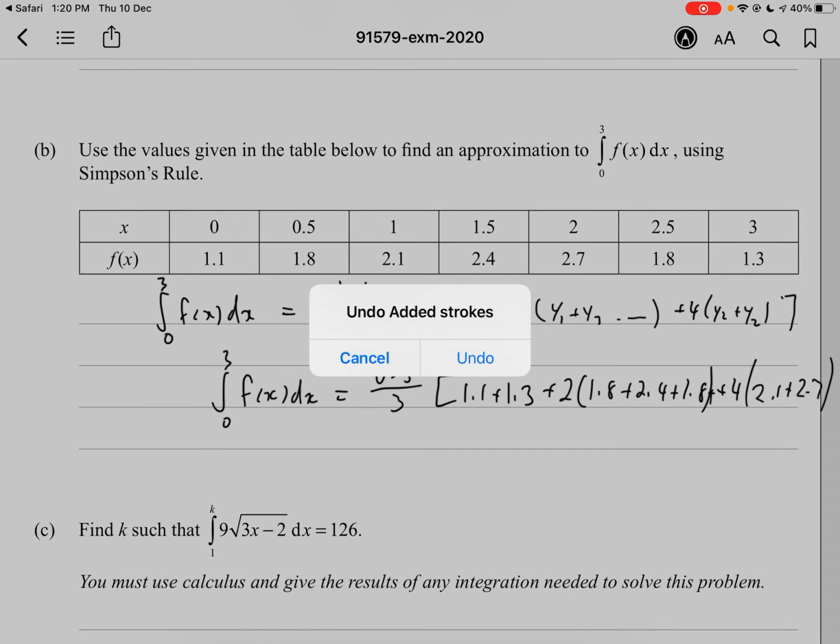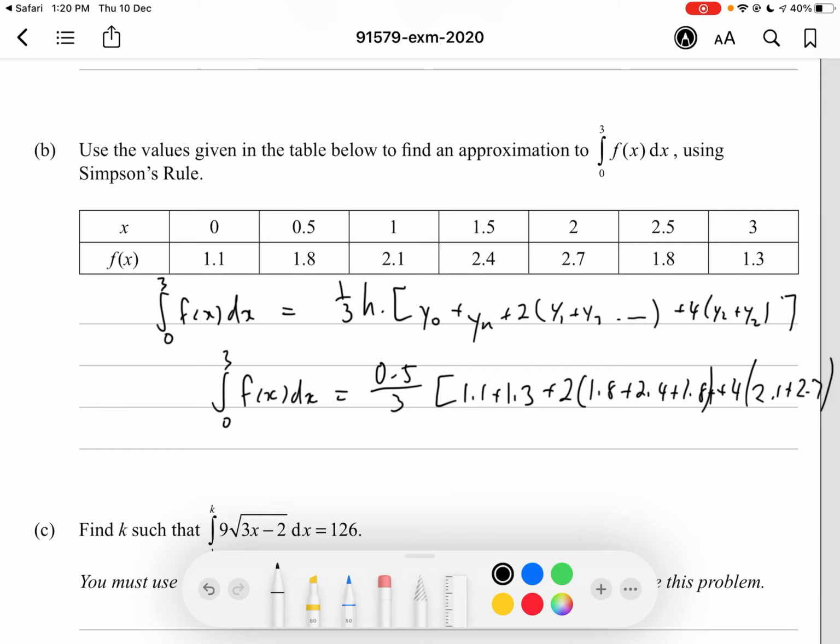Alright, so quite a bit of calculator work here, so just getting the numbers in.